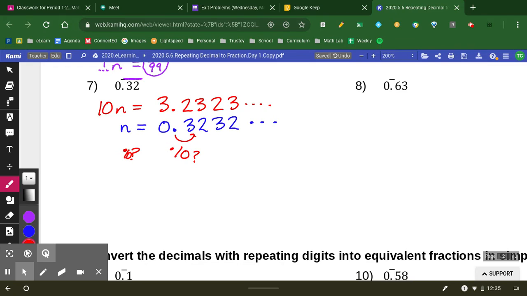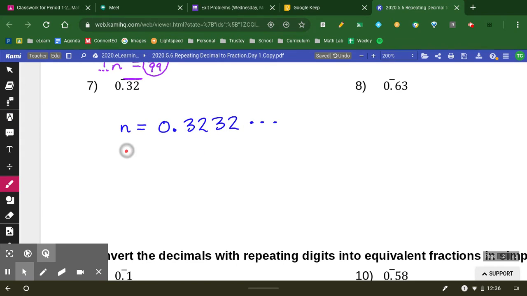And if we multiply the right side by 10, moving it 10 to the first, one place value, we'd get 3 wholes, 0.2323, and so on. But once again, we will see that the place values will not cancel. In other words, we would still have a repeating decimal going on and on forever, and that is not what we want. So multiplying by 10, or 10 to the first power, won't do the trick.